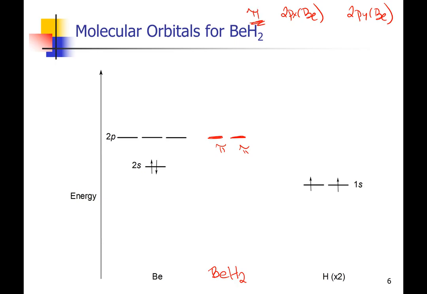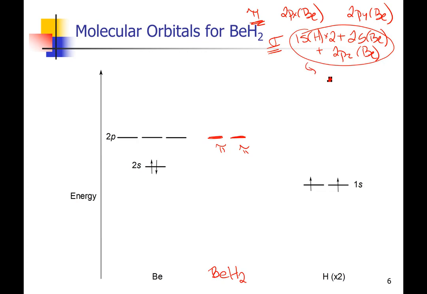On the sigma symmetric end of things, we took the 1s on hydrogen times 2 plus the 2s on beryllium plus the 2pz on beryllium, and we used all of those to make 4 sigma symmetric molecular orbitals.